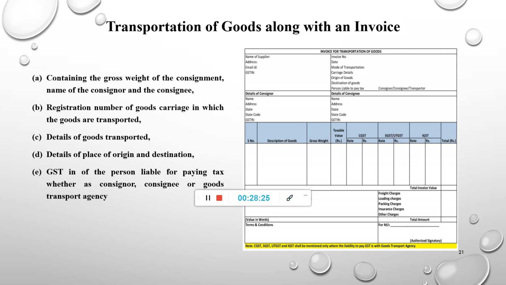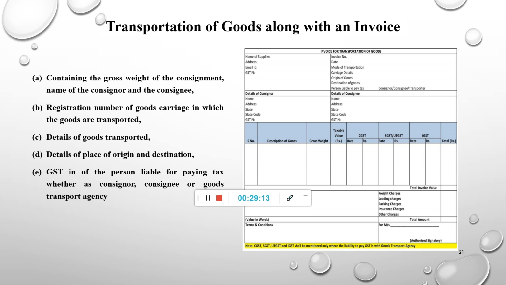Where the supplier of taxable services is a goods transport agency supplying services in relation to transportation of goods by road, the said supplier shall issue a tax invoice or any other document in lieu thereof, whatever name called, containing the gross weight of the consignment, name of the consignor and consignee, registration number of the goods carriage in which goods are transported, details of the goods transported, details of place of origin and destination, and GSTIN of the person liable for paying tax, as prescribed under Rule 1 of the invoice rules.